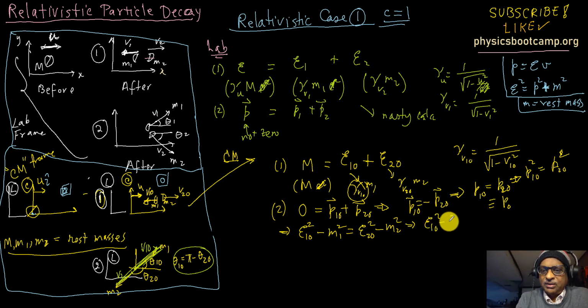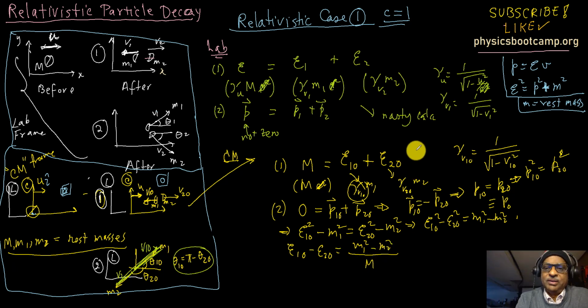E10 squared minus E20 squared equals M1 squared minus M2 squared. And then I can use this to actually call it E10 minus E20 equals (M1 squared minus M2 squared) over M. So you have a 1, and let's call this 2.